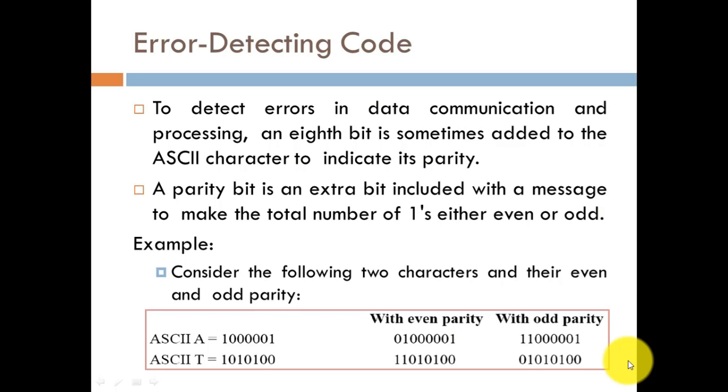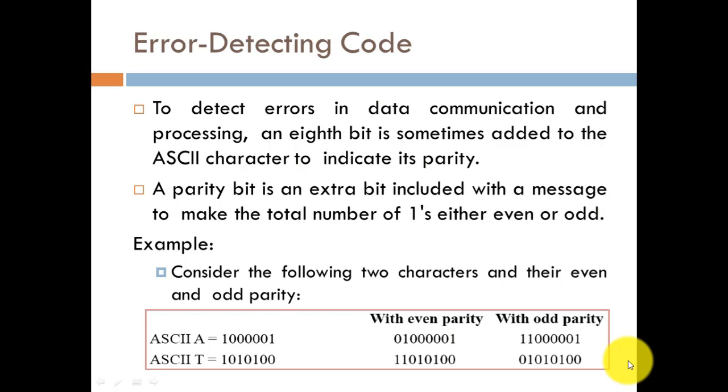This is the complete number. When we add the ones in A, 1 plus 1, the number of ones is even, so with even parity we append a single bit 0, and if we want odd parity, we put a 1, so the total number of ones becomes odd.